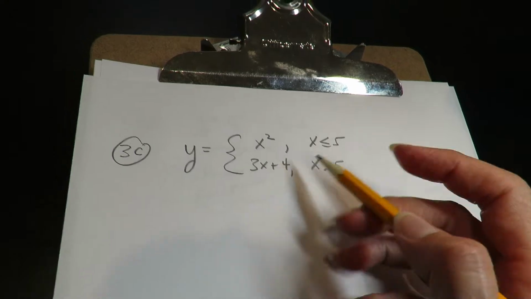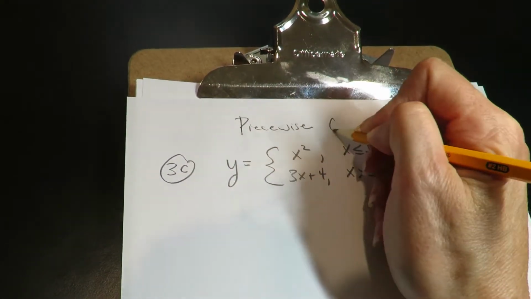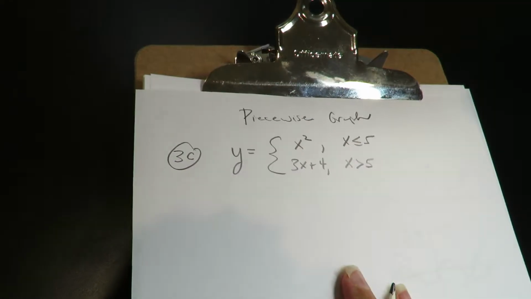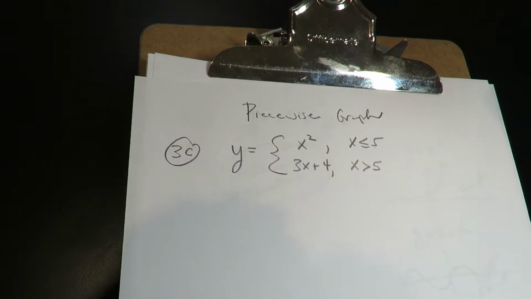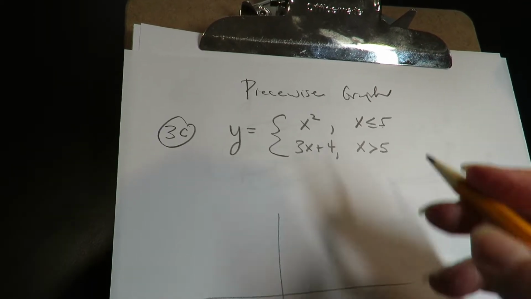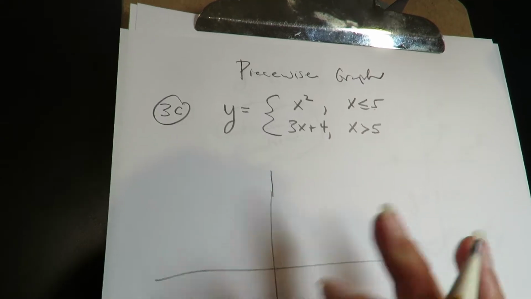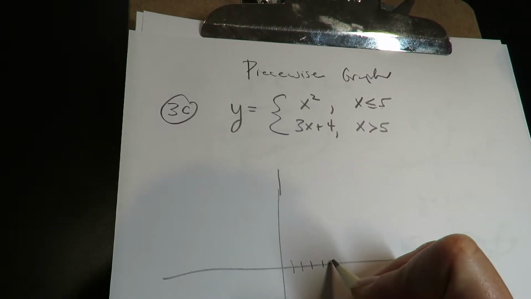Now this one is what we would call a piecewise graph. At 5, anything less than 5, the numbers on this are pretty high. So I'm just going to really rough sketch this because these numbers are huge. I'm not going to scale this, okay?